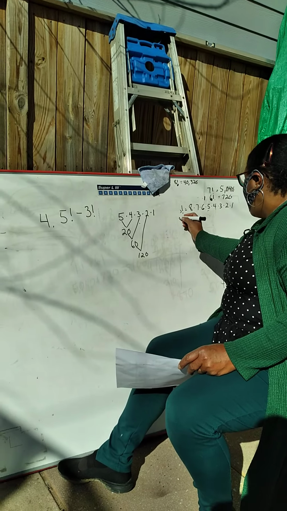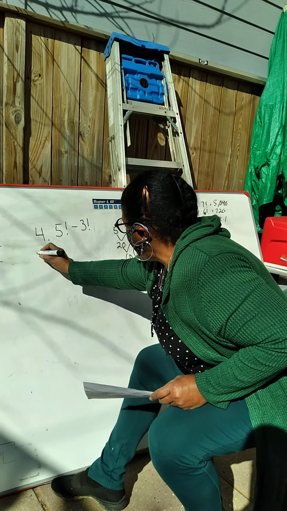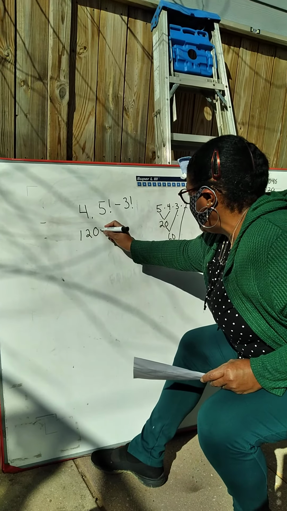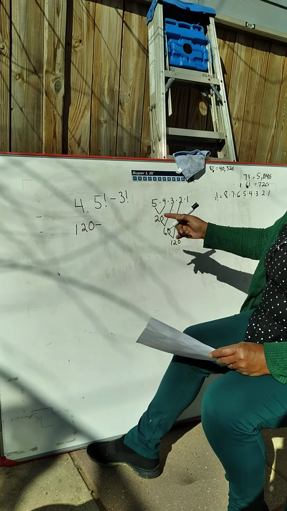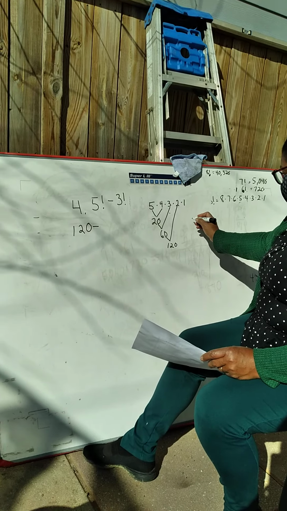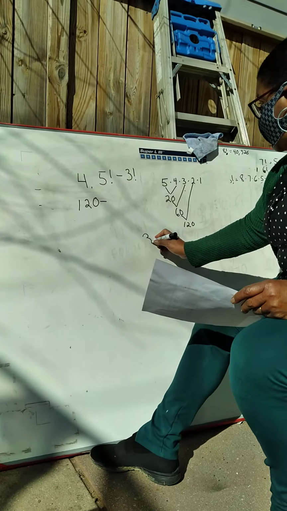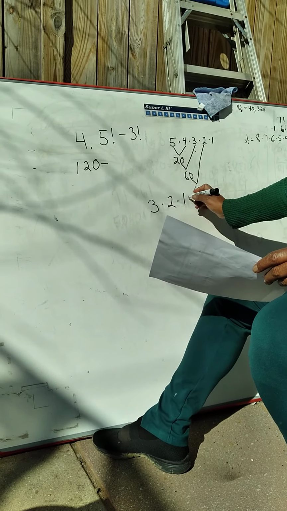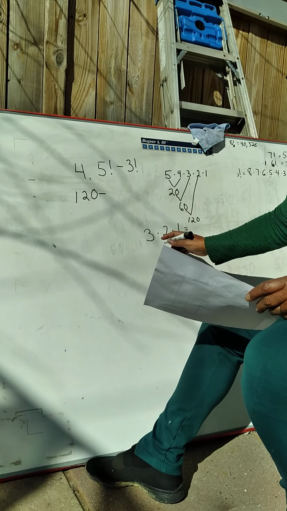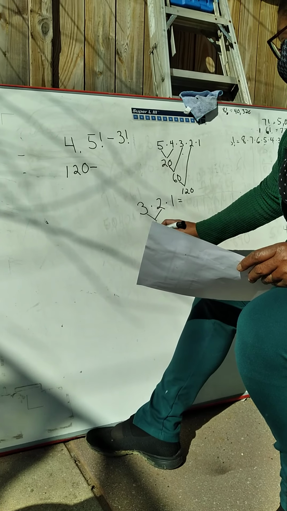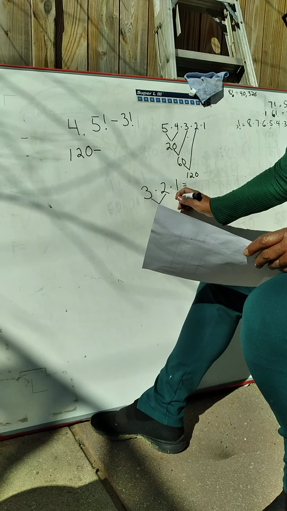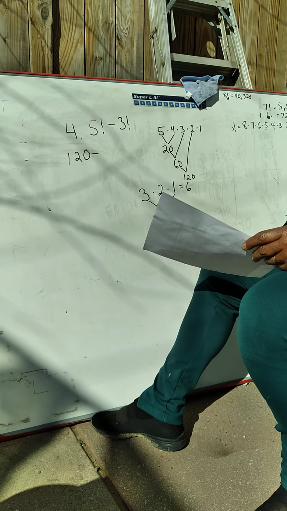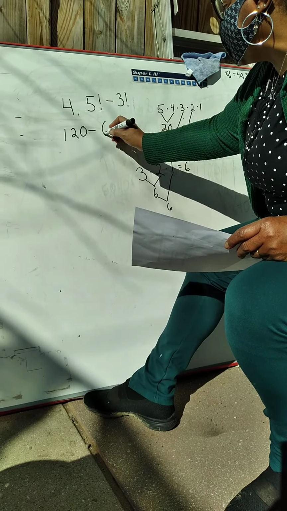So 5 factorial is equal to 120 minus 3 factorial. 3 factorial is 3 times 2 times 1. 3 times 2 is 6. 6 times 1 is 6. So 3 factorial is 6.